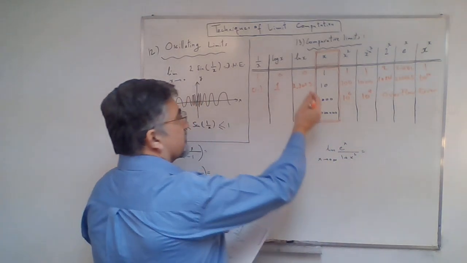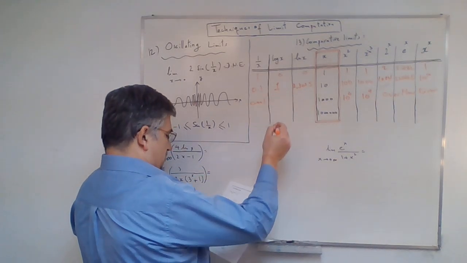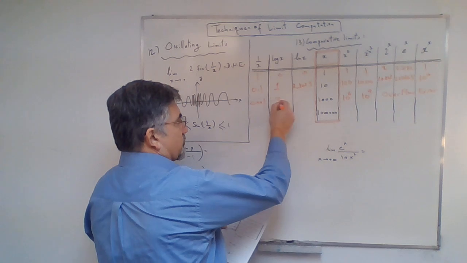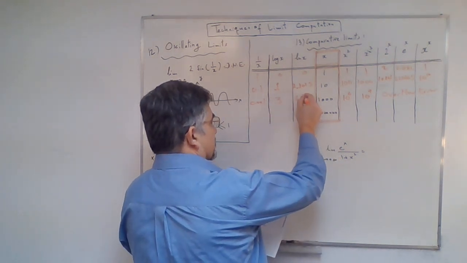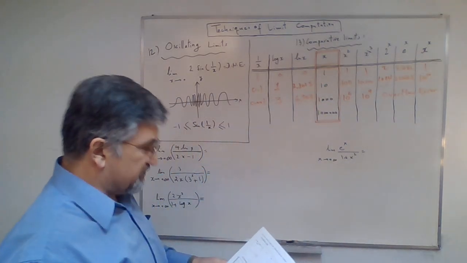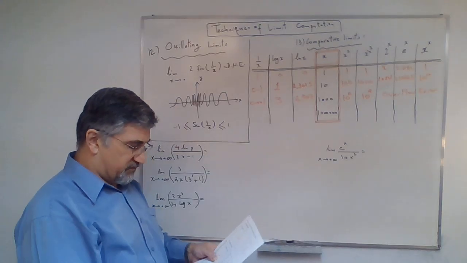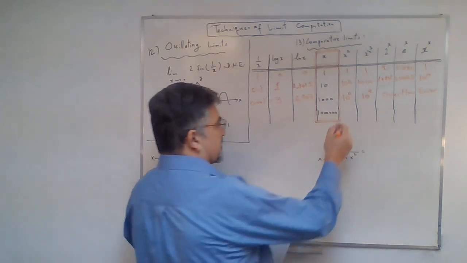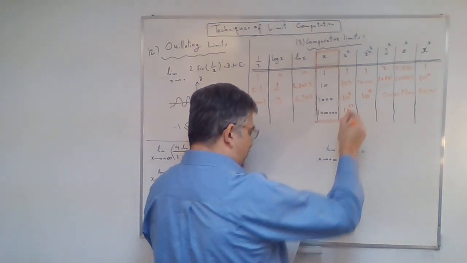And if x is 1,000, 1 over 1,000 would be 0.001. And then log of 1,000 would be 3, obviously, because the base is 10. And then ln of 1,000 is 6.907, for instance. And if the value of x in the middle column becomes even larger, we have 1,000,000, for example, then x squared would be 10 to the 6 squared, which is 10 to the power of 12.